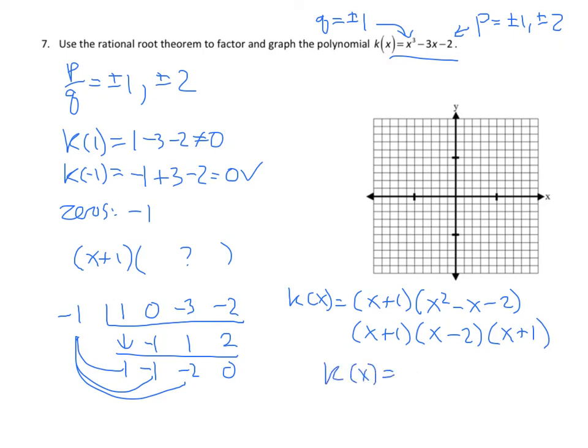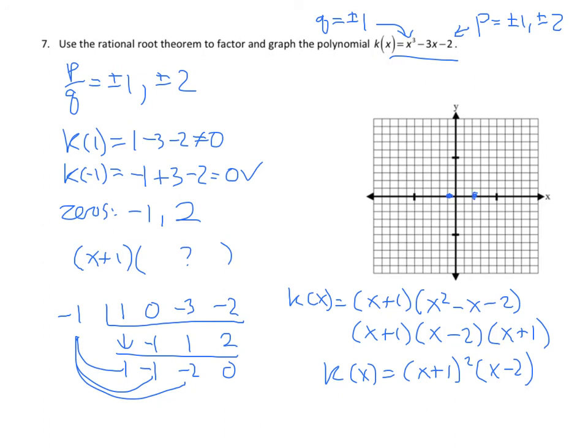K of x equals x plus 1 squared times x minus 2. And now this time I want to actually graph it. So I'm taking it a step further from just writing it in factored form. I want to find all the zeros. So negative 1 was a 0 and positive 2 is also a 0. And so I need to have an x-intercept at negative 1 and positive 2.